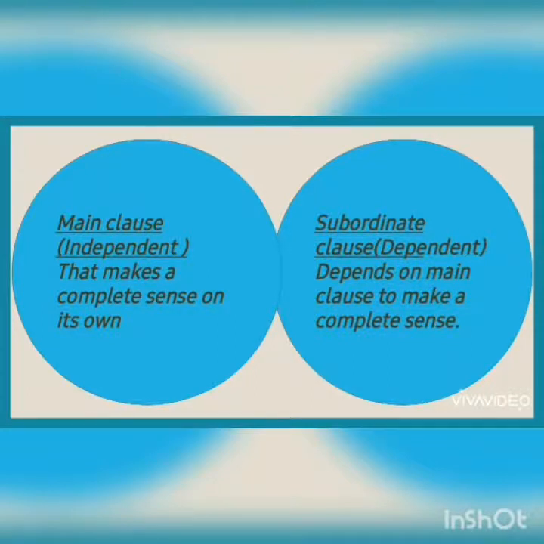First one is main clause. It is also called independent clause that makes a complete sense on its own. Second one is subordinate clause. It is also called dependent clause. It depends on the main clause to make a complete sense.